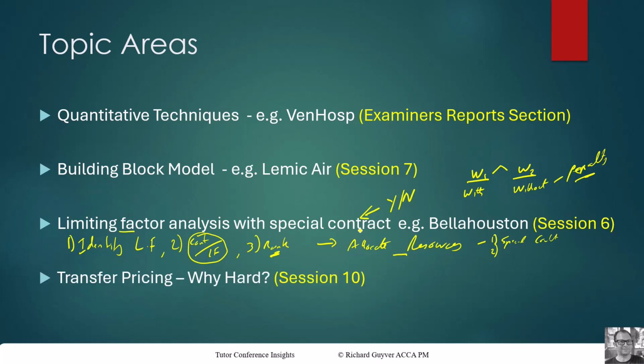And then the other thing they raised, a question they get asked a lot, is why is transfer pricing so hard? Now, they didn't talk about specific questions. Transfer pricing is session 10 in the revision course. Their view is, obviously they're marking lots and lots of questions, and they think students read the question and realize it's about transfer pricing, and then they have an expectation based on previous questions they've done in their studies that this is the same.